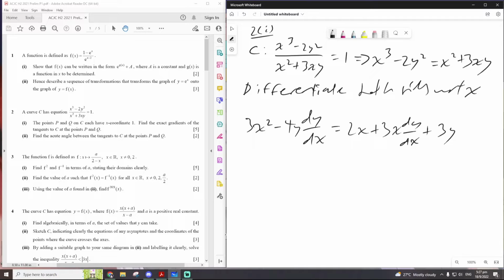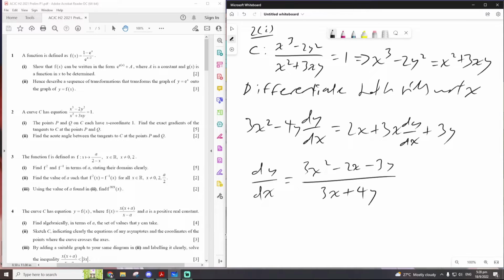We'll make dy dx the subject. So if you bring over 4y, you get 3x plus 4y. You bring over the terms on this side also. So you get dy dx equals 3x squared minus 2x minus 3y divided by 3x plus 4y.